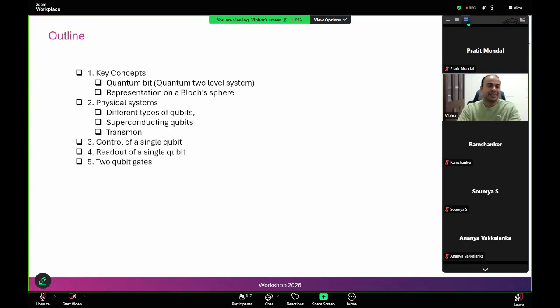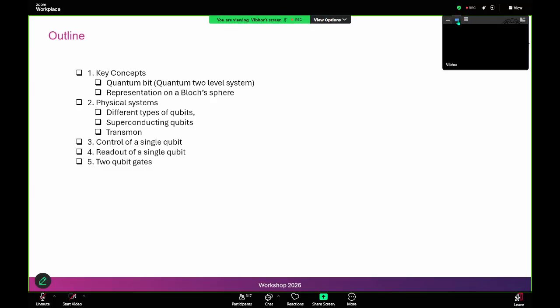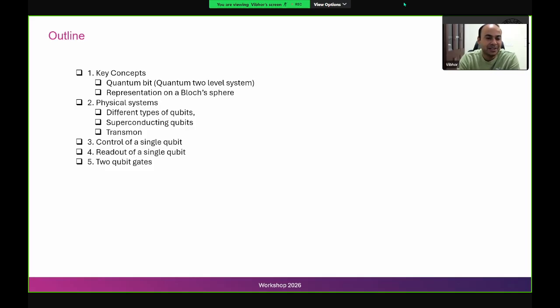Like I said, the outline of the talk is at an elementary level. I'll begin with key concepts, explain what quantum bits or qubits are. And there's a very nice geometrical representation of how to visualize quantum states of qubits.